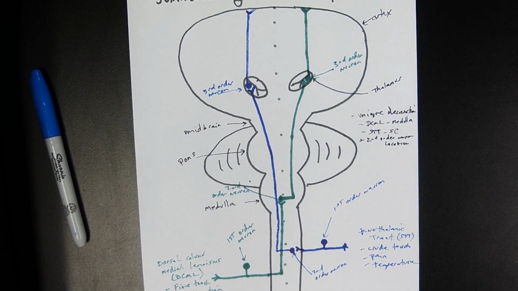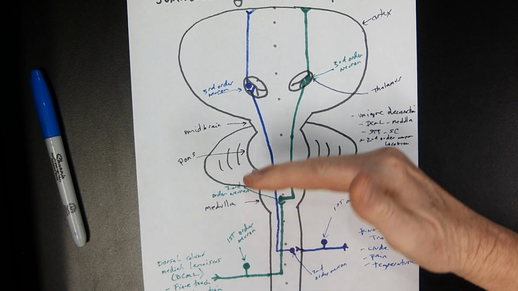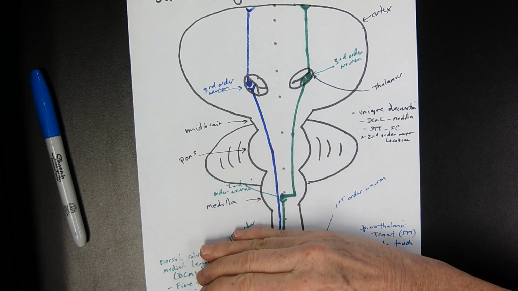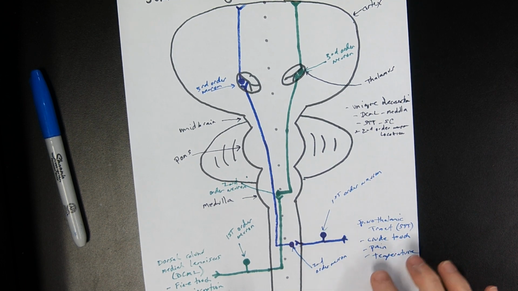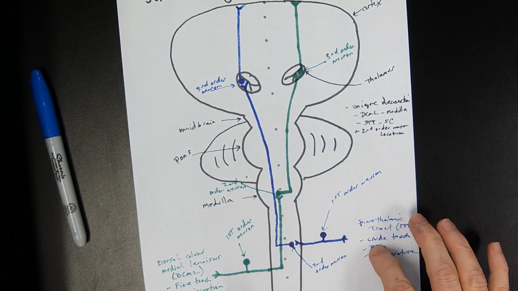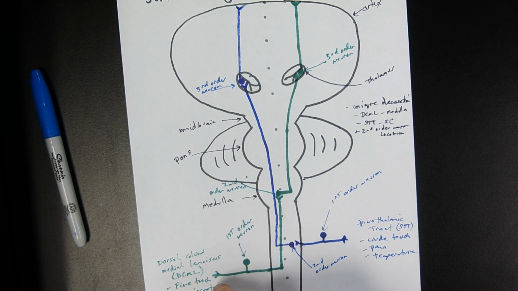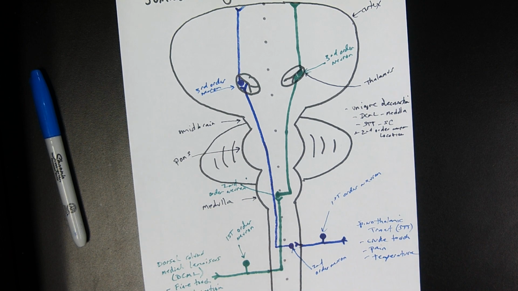So the medulla would be more critical on DCML. Not more critical. It's just that, the big picture is, if a person has an issue below the level of the medulla, with the STT the patient's going to lose pain and temperature on the opposite side, but they're going to lose DCML information on the same side. If that makes sense. We'll get to that.